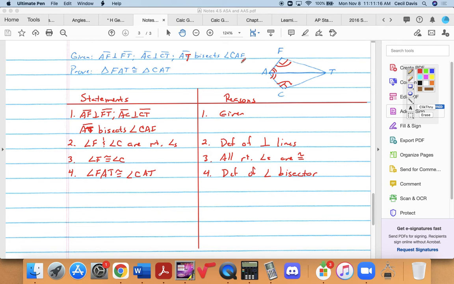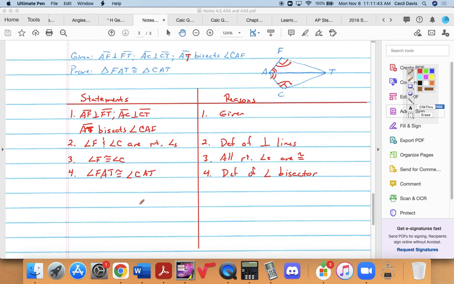A point can't bisect an angle. If we had a midpoint, so if F, A, and C were all on the same segment, and A was the midpoint, then we could say that FA and CA were congruent to each other.